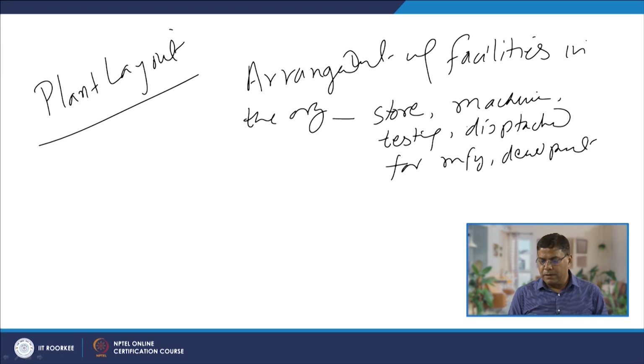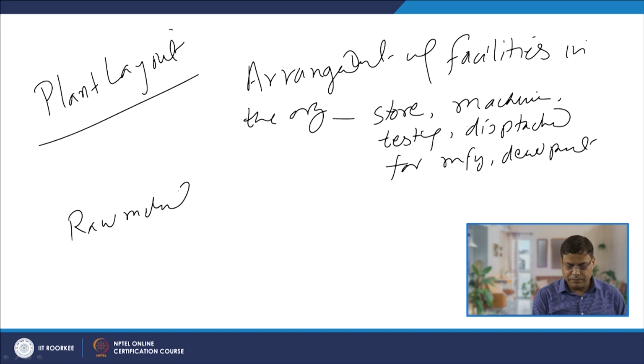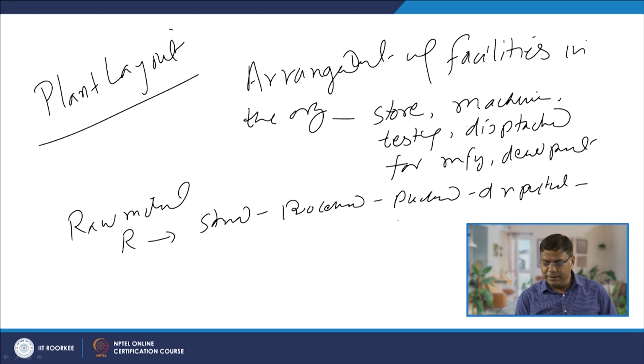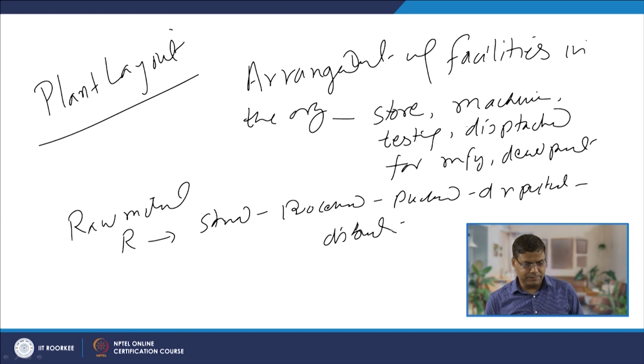So, there are different basic principles which are used in taking decisions about the way the facilities will be arranged, so that whatever raw material is received is properly stored, processed, and after processing it is packed, dispatched and distributed to the users or to the dealers.